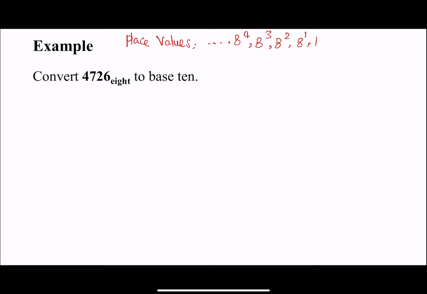I write the place value of each digit from right to left. We have 4, 7, 2, 6, base 8. The place value of 6 is 1. The place value of the next digit is 8 to the first power. The place value of the next digit is 8 to the second power, and the last one is 8 to the third power.